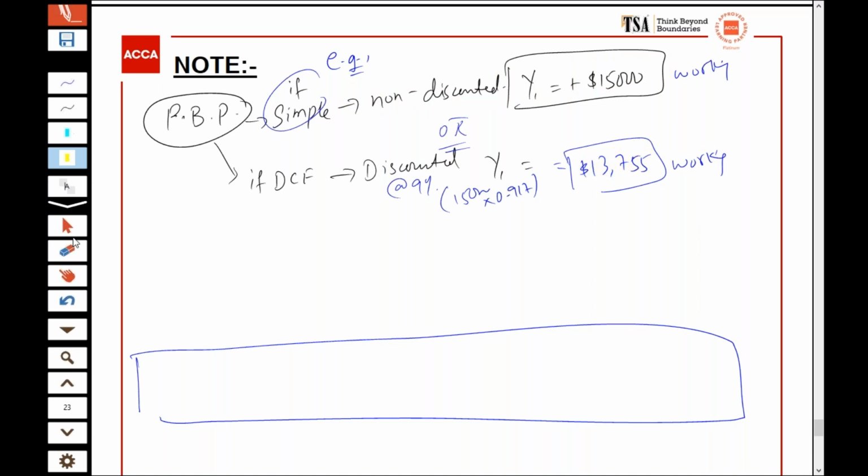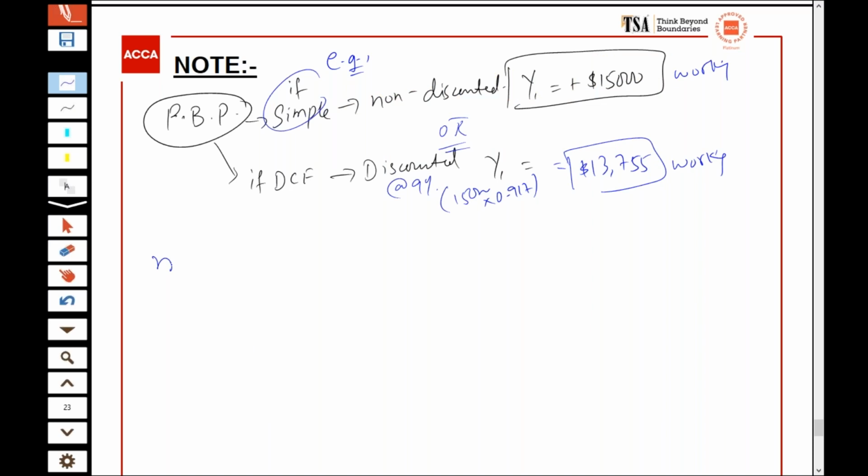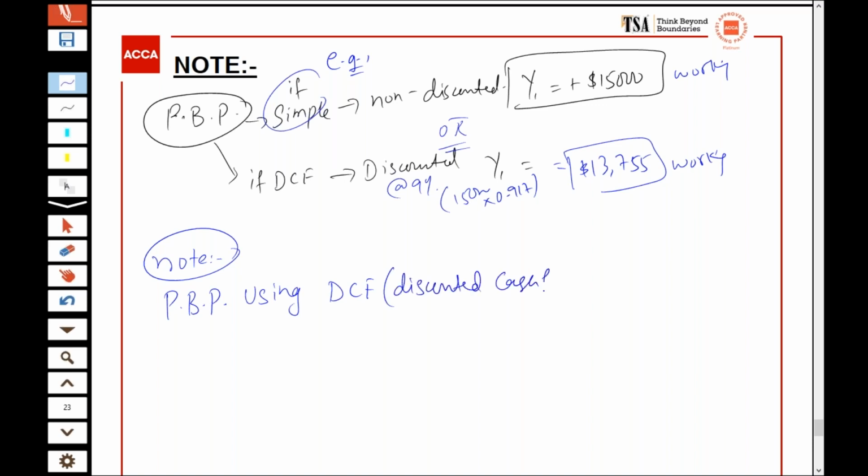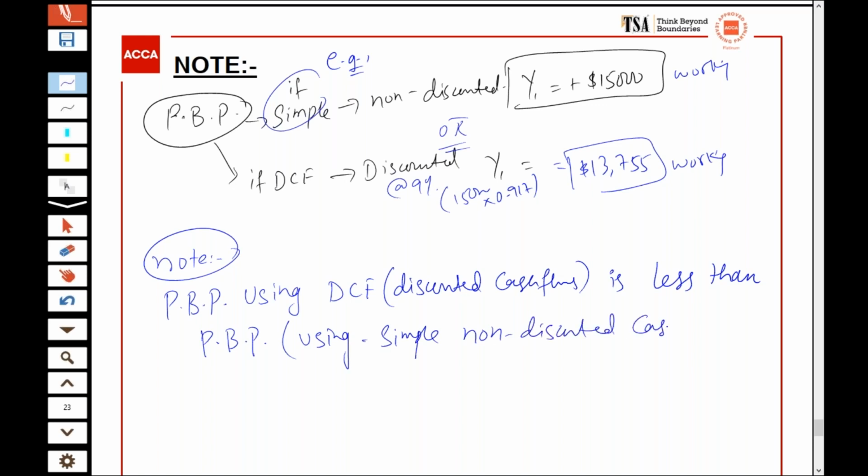So remember this point: the payback period using DCF, I mean discounted cash flows, is less than the payback period using simple non-discounted cash flows. So remember this statement.